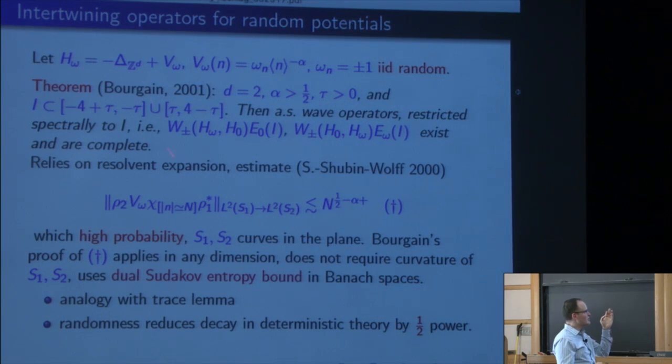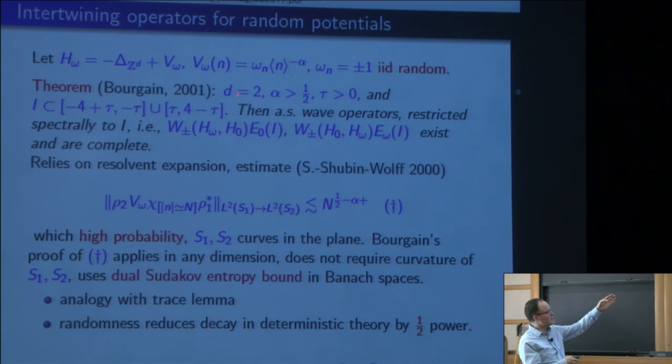But if you take the discrete Laplacian and you look at its symbol, the symbol is not a nice sphere. You have energy levels where it has some form of degeneracy, curvature can vanish and so on. So that is the only reason why he restricted here to 2.